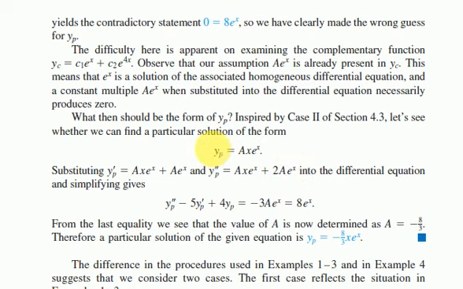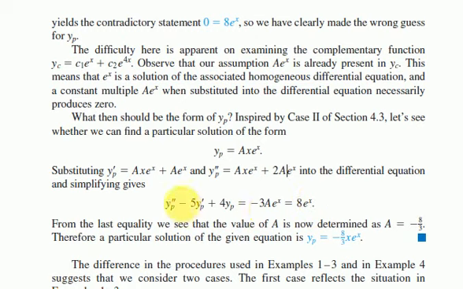Now put this yp dash and yp double dash in the main equation, which was y double dash minus 5y dash plus 4y is equal to 8 e raised to power x. So yp double dash is this term, and minus 5 into yp dash is this term, plus 4 into yp is this term, which is equal to 8 e raised to power x.